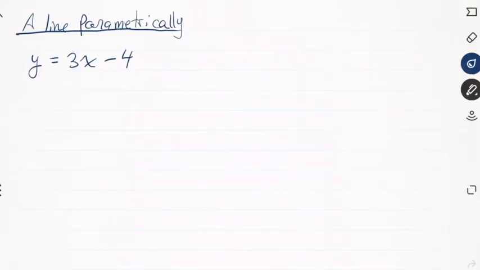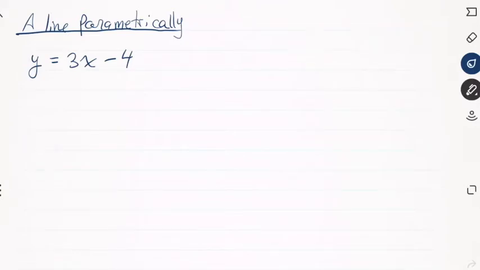One thing that's unusual about parametric equations is they're not unique like rectangular equations or polar equations for that matter. So when we have y equals 3x minus 4, that is the equation of a line that has a slope of 3 and a y-intercept of 0, negative 4. And it is the only line that we can write in this way. I mean, we can write it in different organization, but we can't change its apparent qualities.